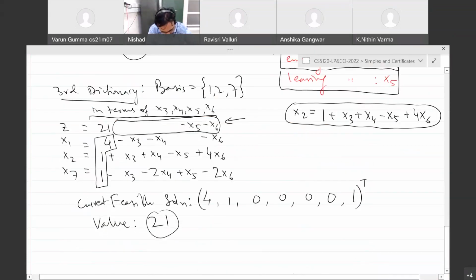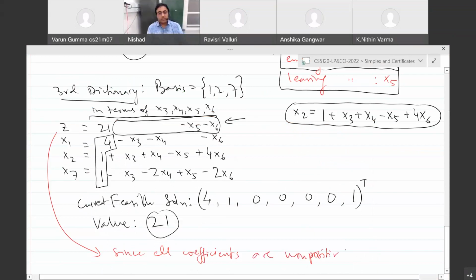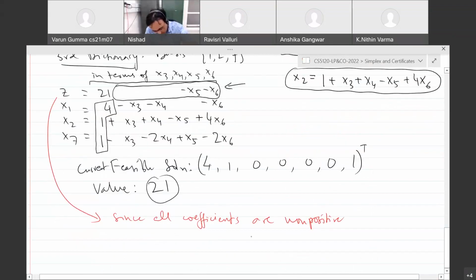Since all coefficients are non-positive, we can't get a better solution, right?